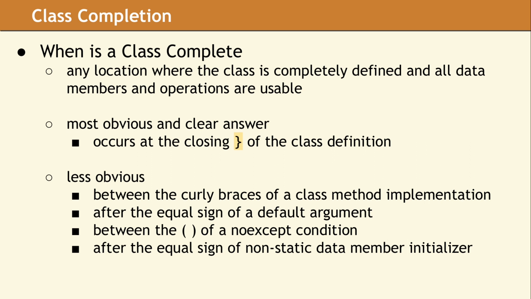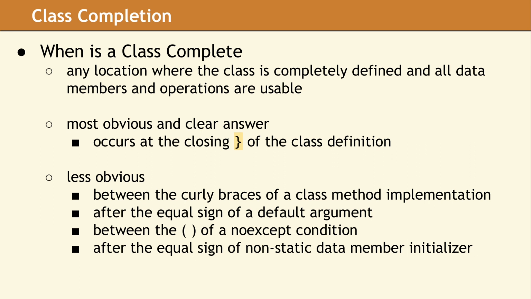The class is also in a complete class context after the equal sign, which defines a default argument for a method parameter, and inside the parentheses of a no-except condition. The fourth location is after the equal sign of a non-static data member initializer.